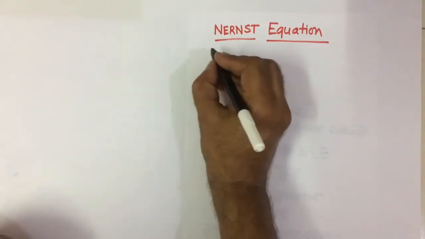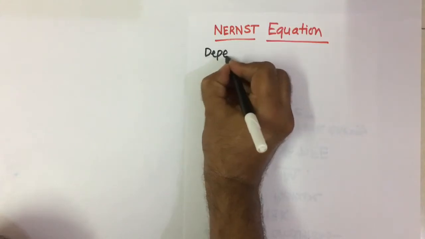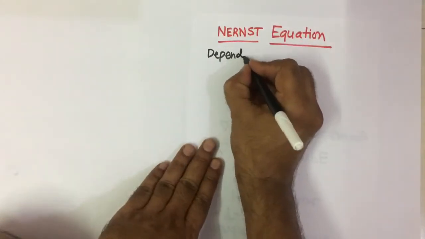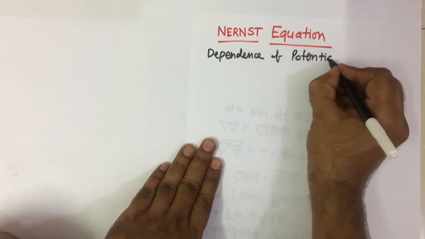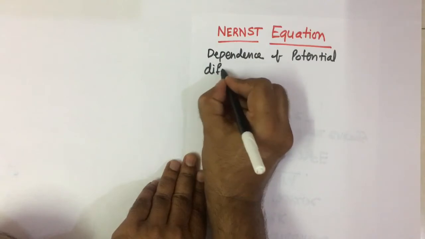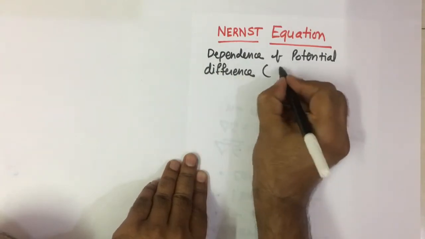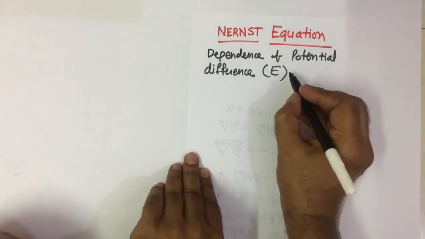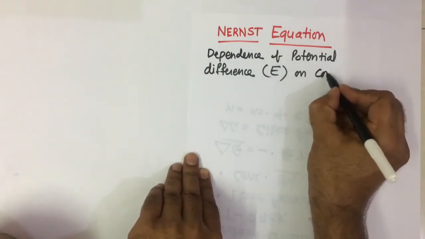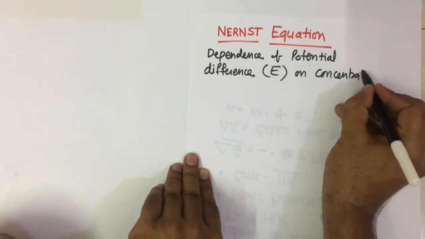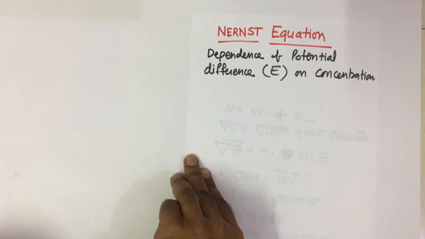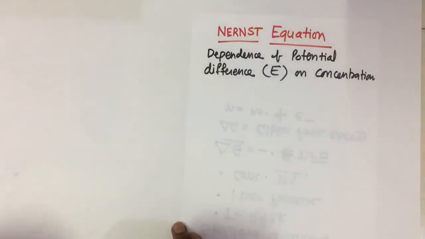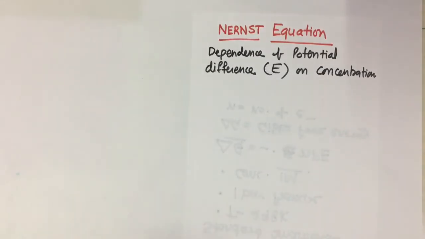It is the dependence of the potential difference, that is E cell, electrode potential or cell potential, on concentration.